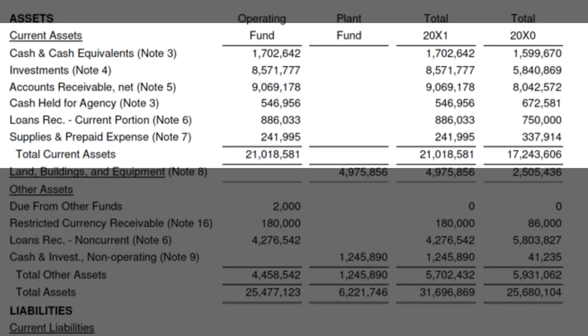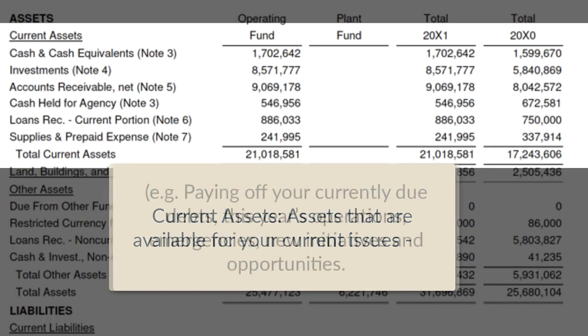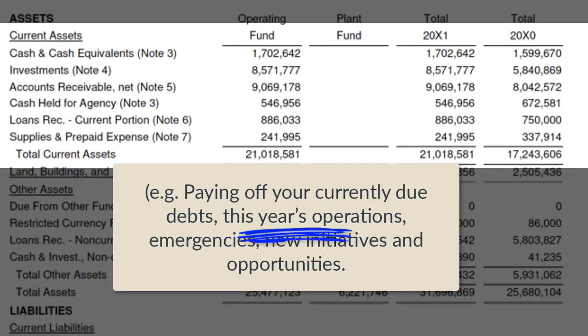Current assets are assets that are available for the current issues I am facing. My ability to survive 12 months, my ability to handle emergencies, my ability to take new initiatives, and my ability to pay off my current liabilities. Okay, I think I covered all four of those.